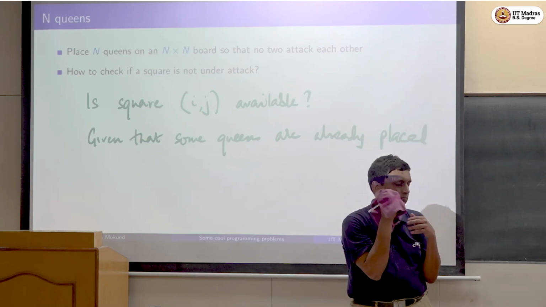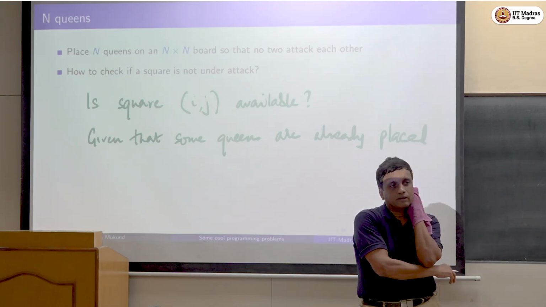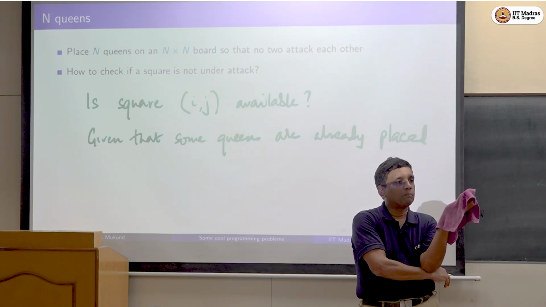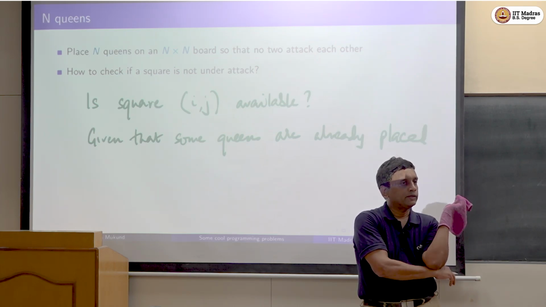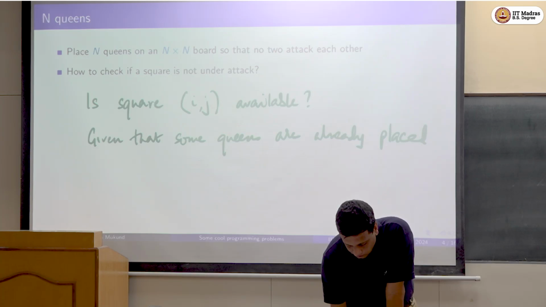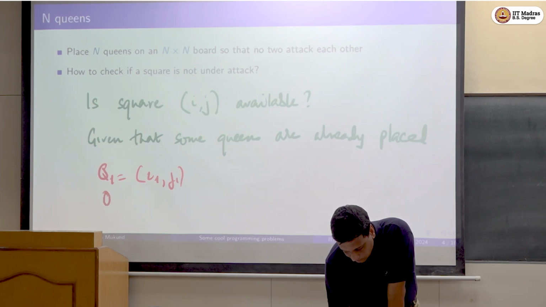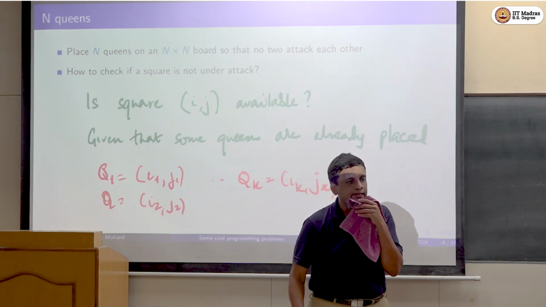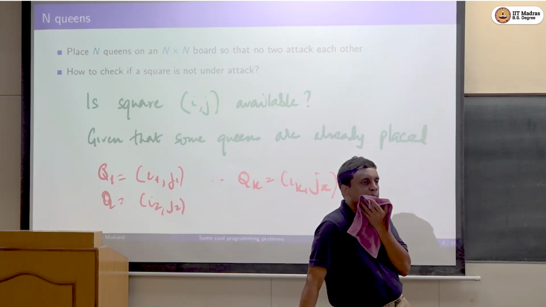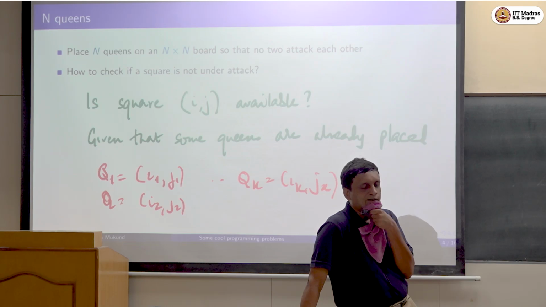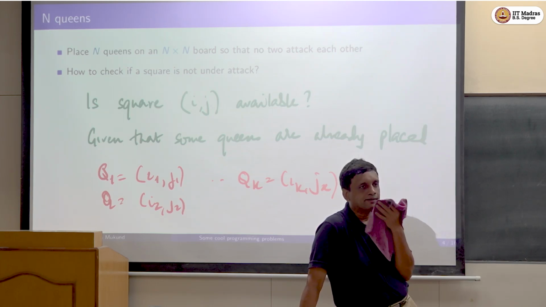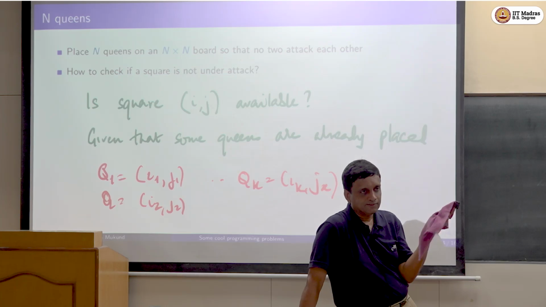So you can assume that you have some way, that the positions of the queens are given to you, right? So some k queens have already been placed and they are all at their respective row and column position. And of course, we know from our analysis that these must be in different rows, they must all be in different columns. Okay?